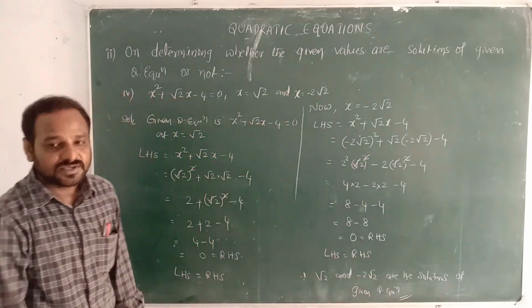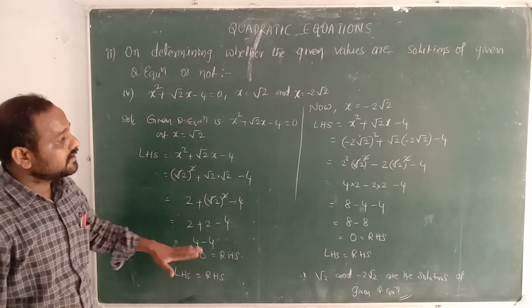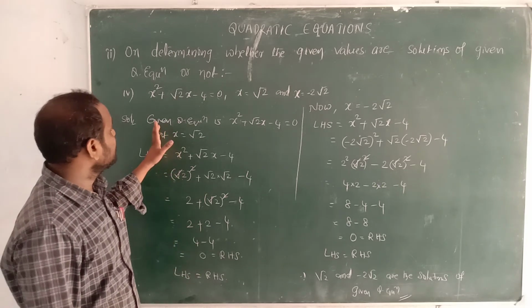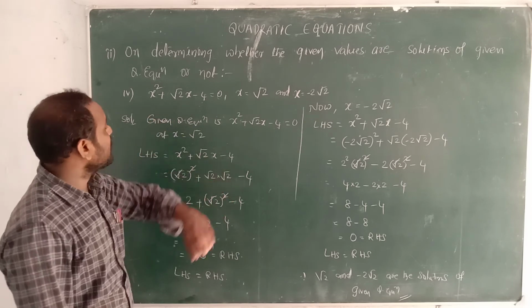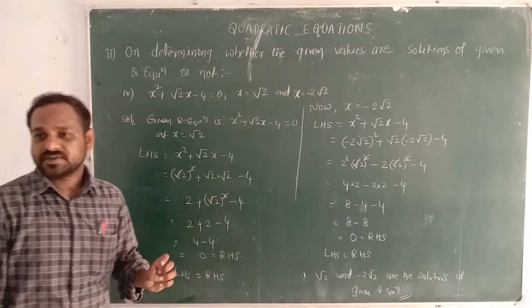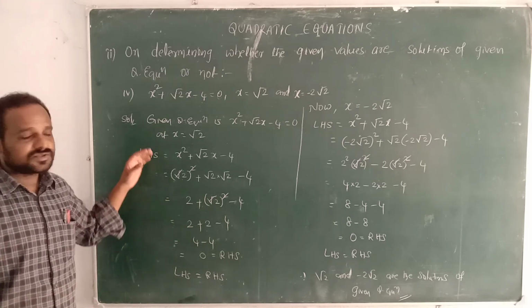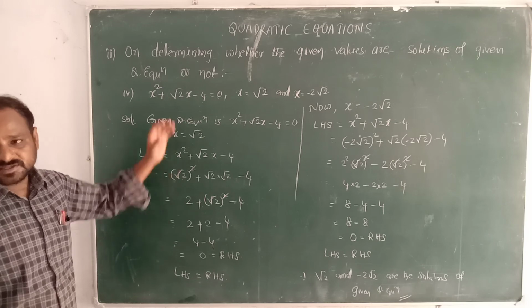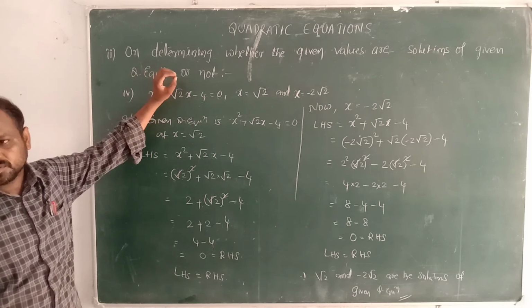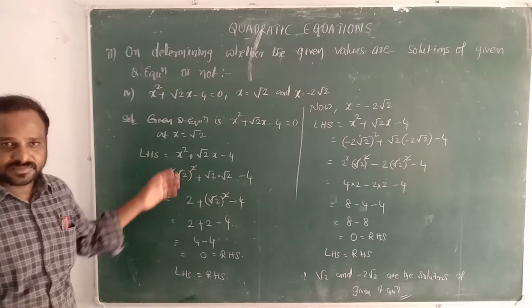Did you understand? So this is the problem based on whether given values are the solutions of a quadratic equation or not. Did you understand? So these are the problems based on this concept, and you can do a few problems as homework from the textbook. I will inform you. Thank you.